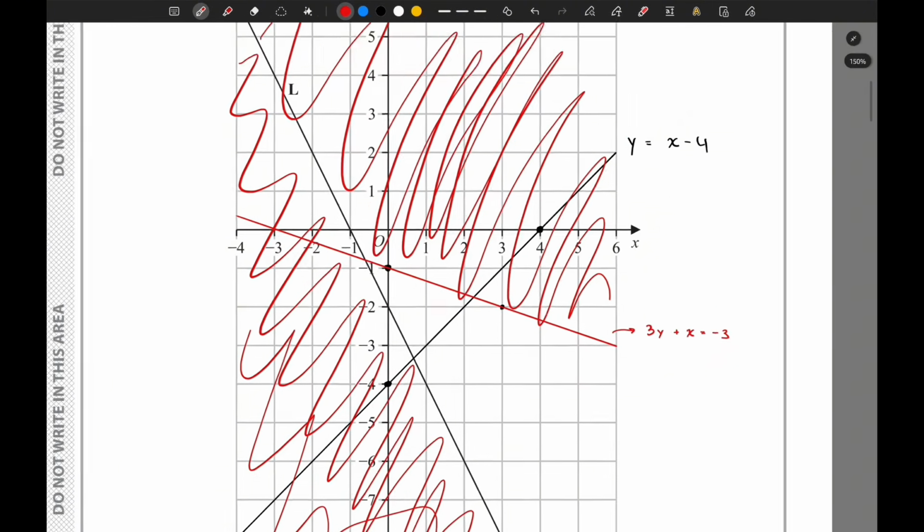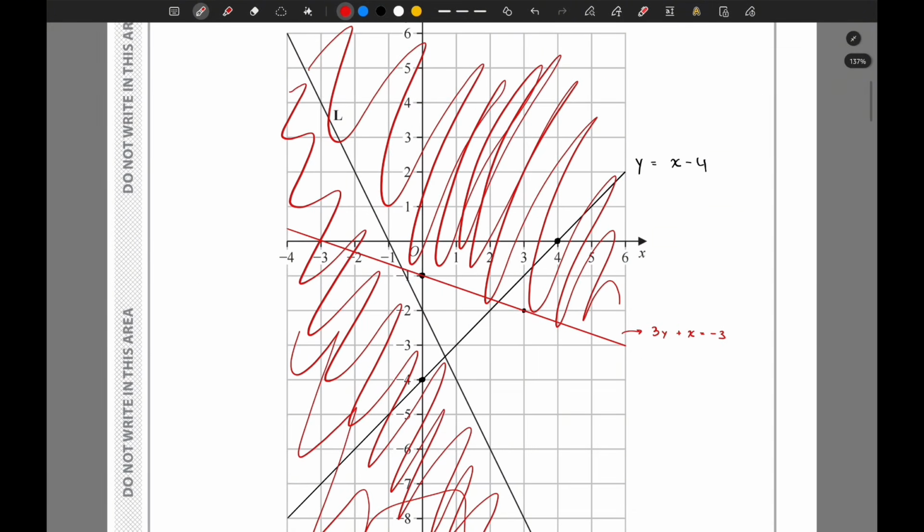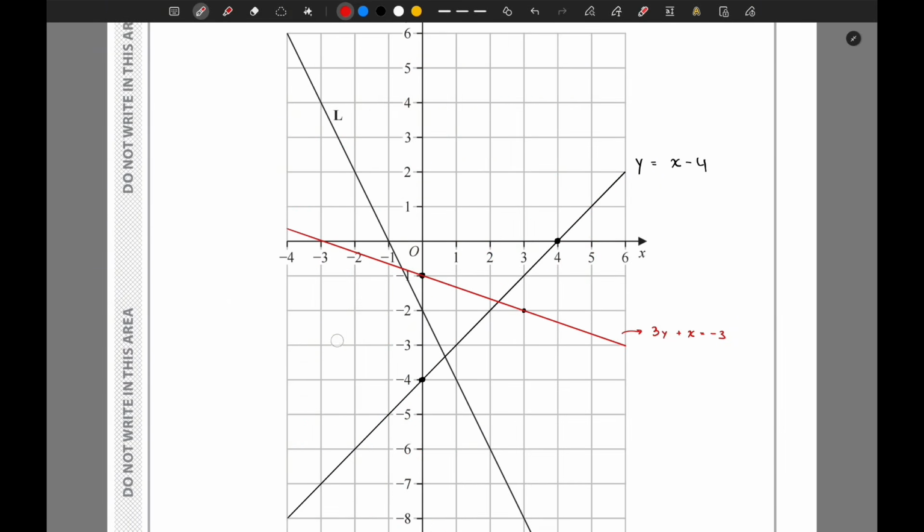So that's greater than. So the line is this part, which means they're talking about this region. So the shading should be in this region. So this is the region R.